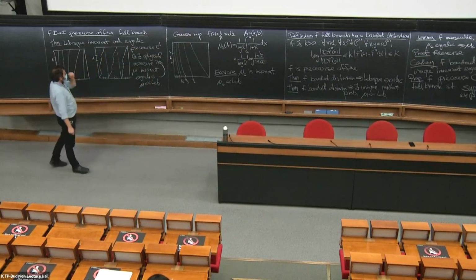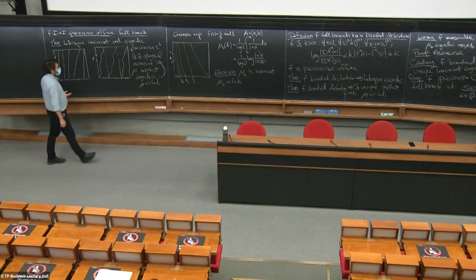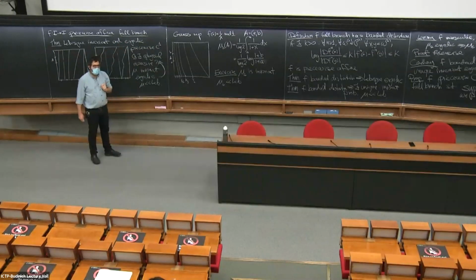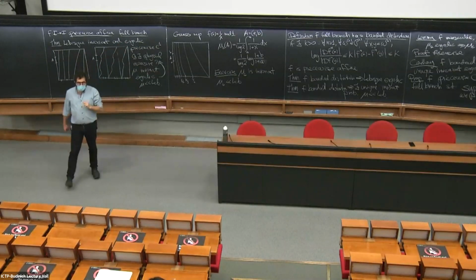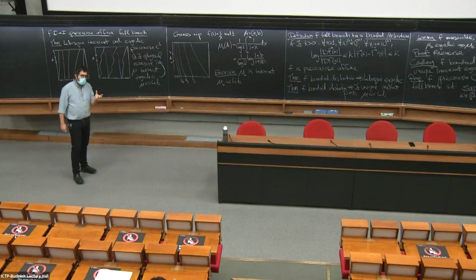Let me say that there is a very big theory in which it turns out that full branch maps play a very important role. And it turns out that for many maps that are not full branch, they kind of contain a full branch map hidden inside.